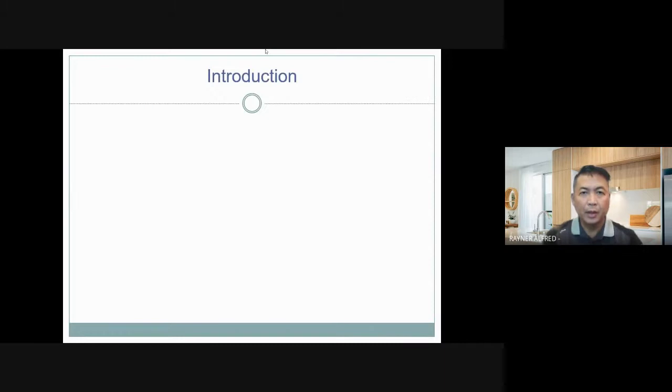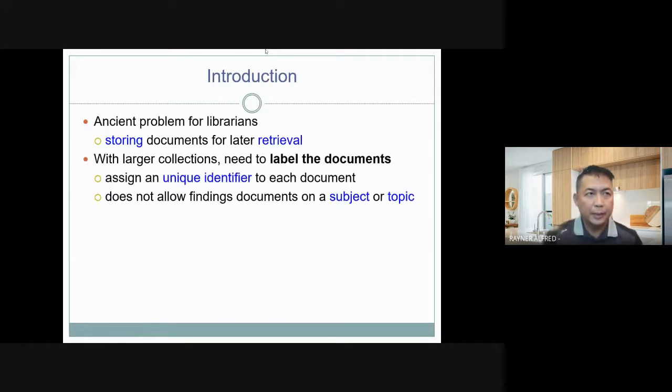Okay. So this problem occurred a long time ago, when the librarian tried to store documents and then wanted to retrieve the document for use in the future.